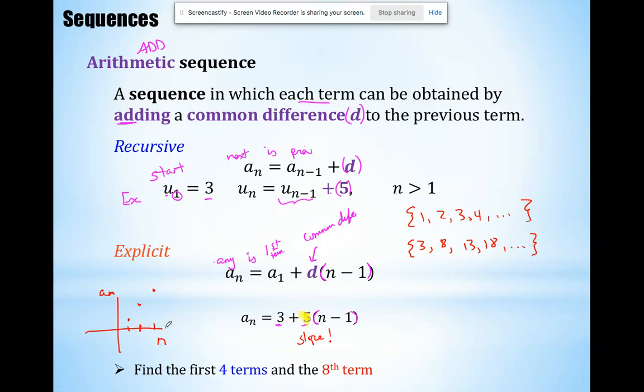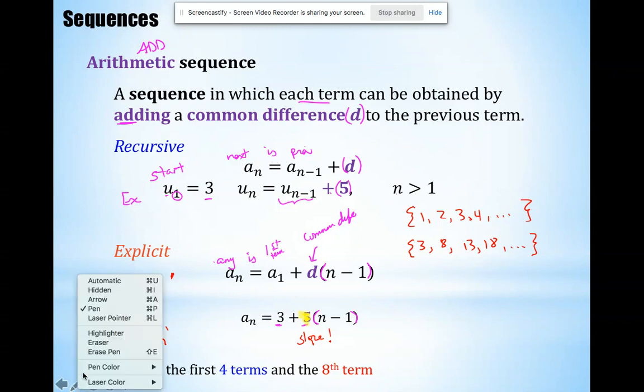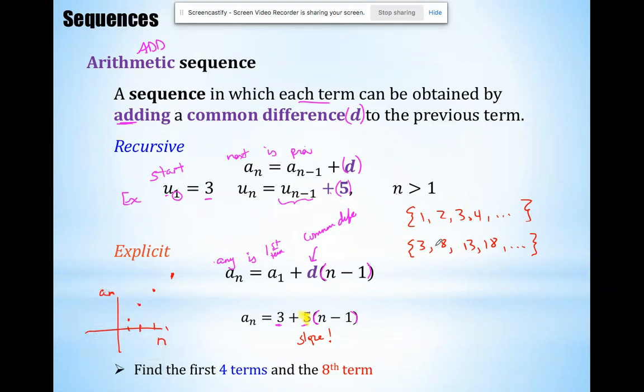Graph those, 1, 2, 3, 4. There's my dots in a linear pattern. Hello, with a slope of what? Yep, 5. Because the change in the y value, the range values, compared to the change in the x values was 5 over 1.